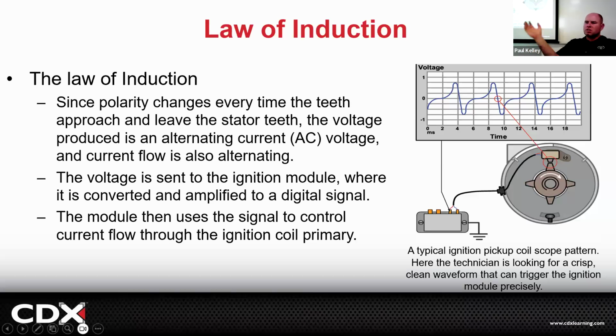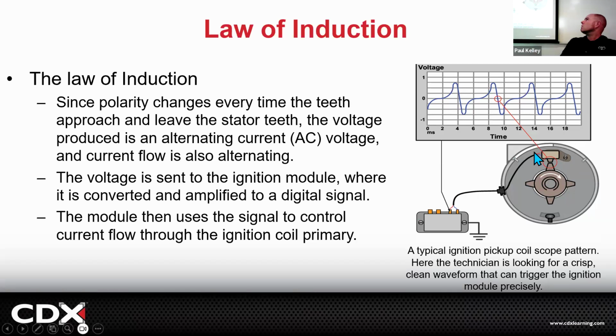The magnetic field can induce voltage into the circuit. This is going to be a magnetic sensor, and these are going to be iron, a ferrous type of tooth, which means it's magnetic. A magnet is not attracted to aluminum because it's non-ferrous. A magnet is attracted to steel because it's ferrous. It's got iron in it.